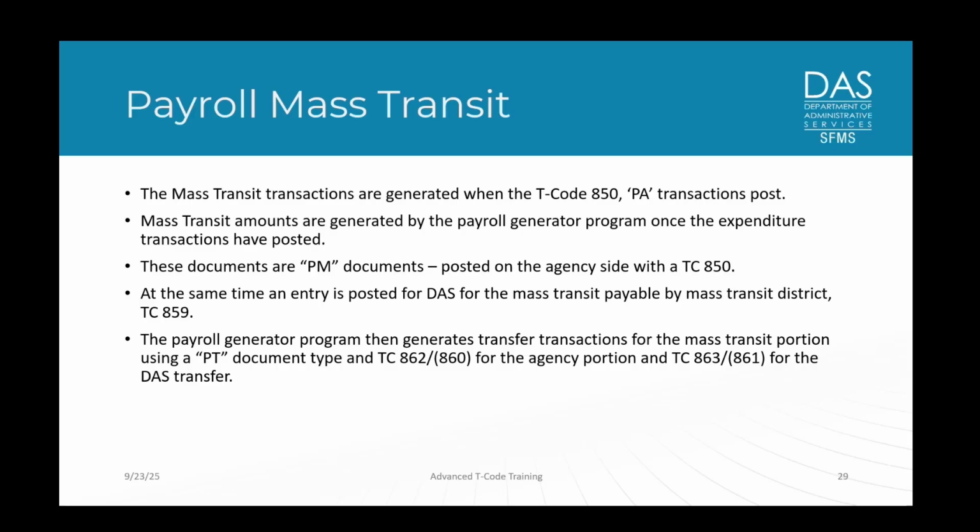These documents come through with document type PM. And at the same time, an entry is posted for DAS for the mass transit payable by the mass transit district with T-code 859. And the payroll generator program then generates transfer transactions for the mass transit portion using a PT document type and posts T-code 862 and 863.